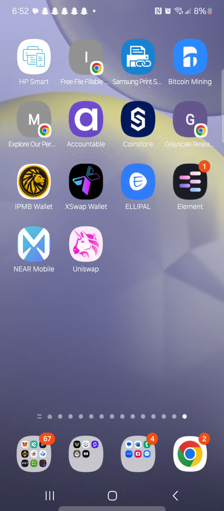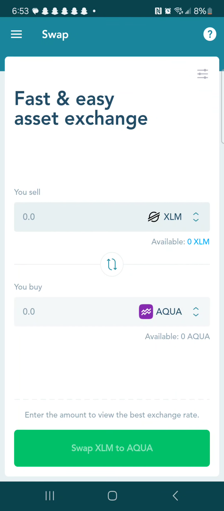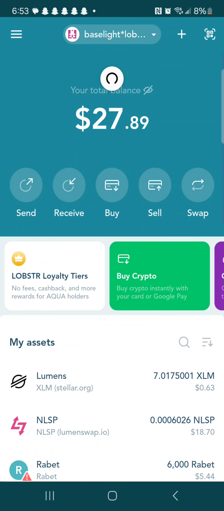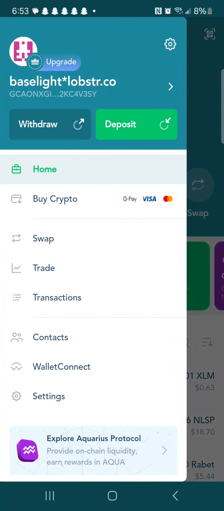If it does not have a memo, like this one doesn't, it would say no memo is required, because they consider this a wallet, meaning there's no account that's needed. So whenever you go to trade, you can actually trade it back out, buy, swap.